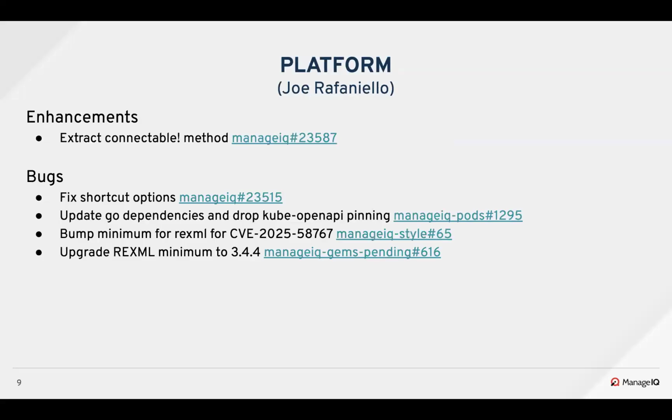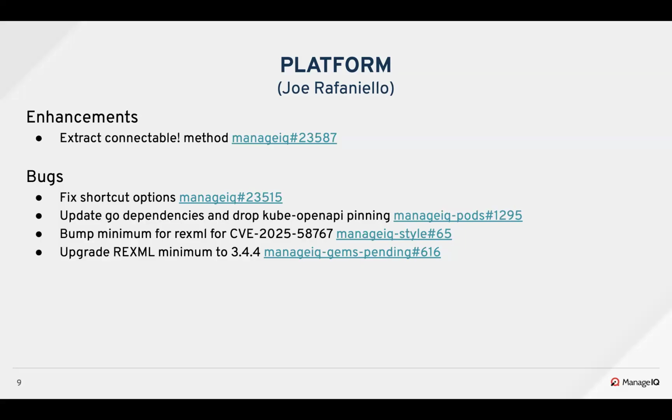Thanks, Adam. For platform enhancements this sprint, Jason extracted the connectable bang and connectable predicate methods for cases where you want the actual error message to be bubbled up, such as for building better error messages. For bugs this sprint, Gilbert fixed the backend shortcut options to reflect the correct URL endpoint and removed ones that no longer exist.